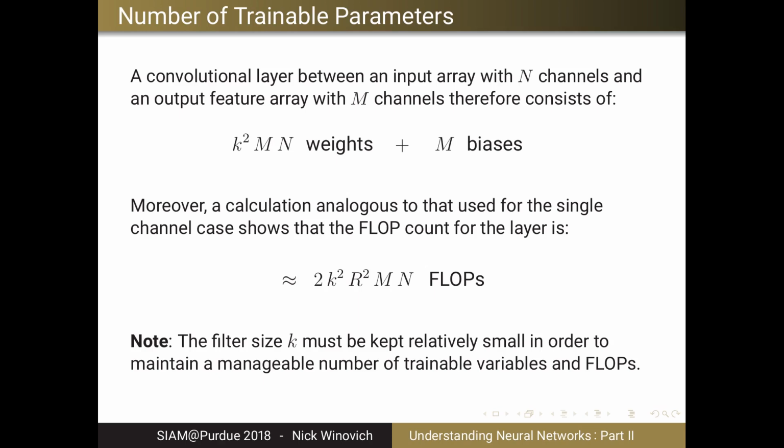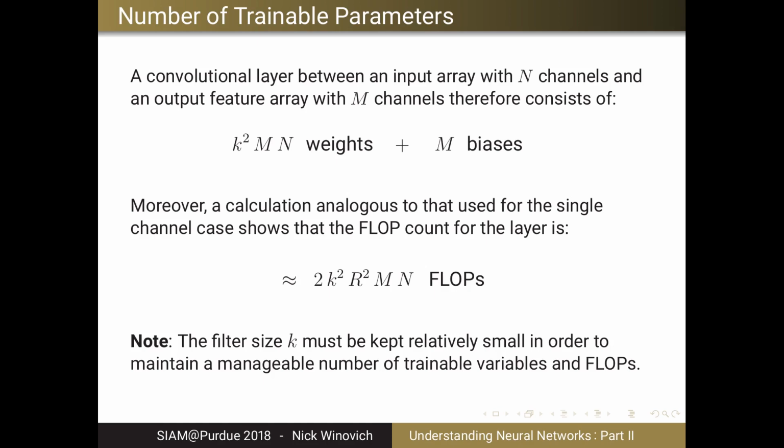But what's important is that, unlike the case of the fully connected or dense network, our number of trainable parameters is actually much less than the number of flops. We have k squared times m times n, and that r squared, which is typically quite large for things like images, is absent because we're using those same weights, those same learnable parameters in every position.